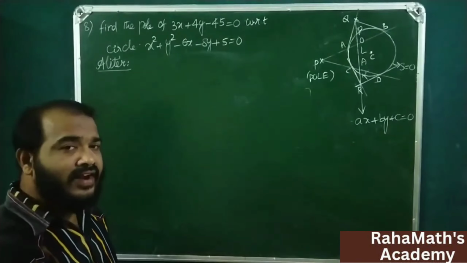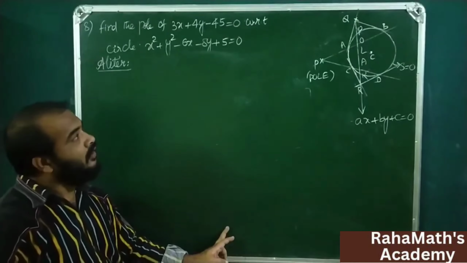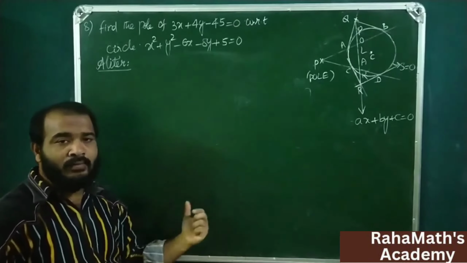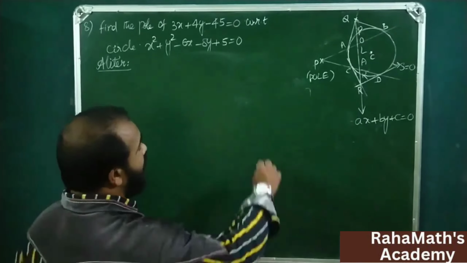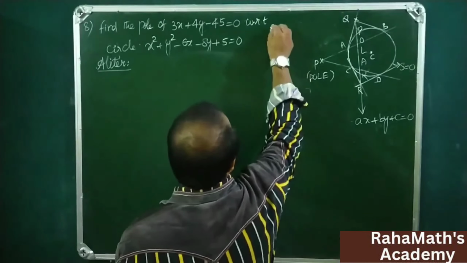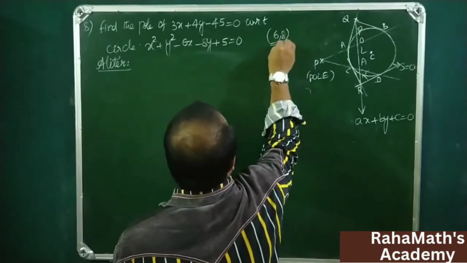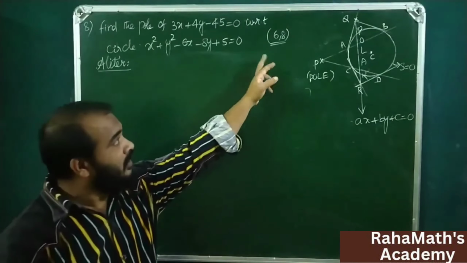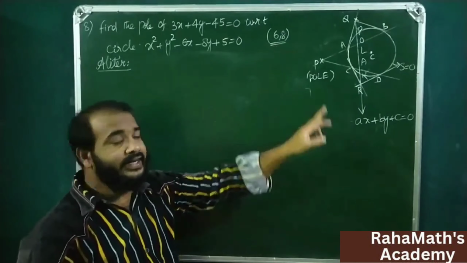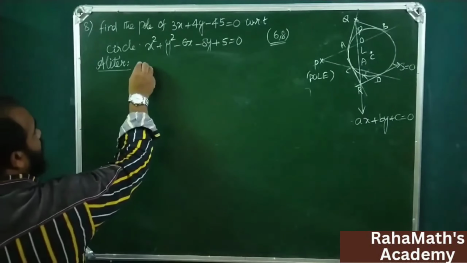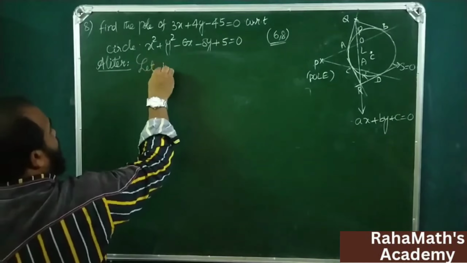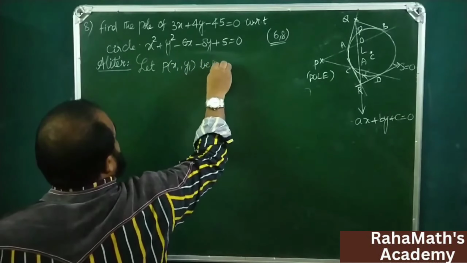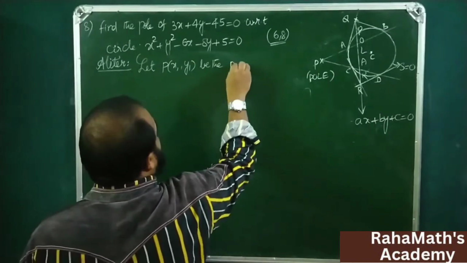Let us see another alternative for the problem that we have discussed before. Using the formula, we arrived at the answer (6, 8). So let us see, without applying the formula, can we get this (6, 8)? Let P(x1, y1) be the pole.